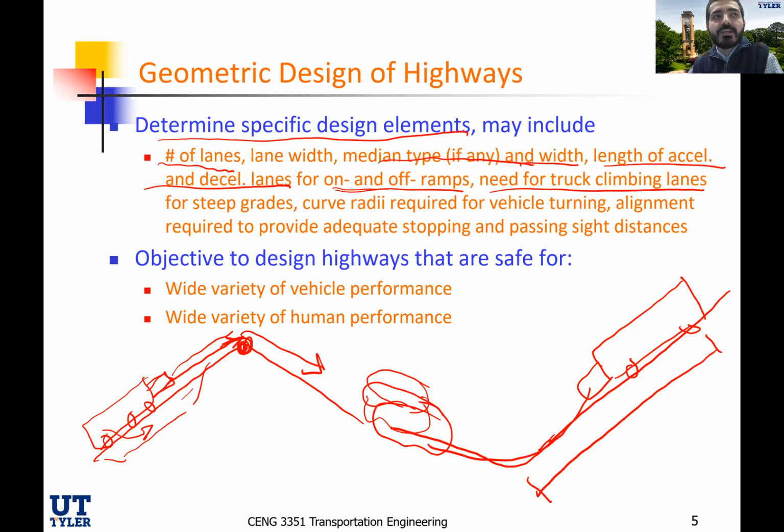I need to have features and design factors in this highway that can handle a good variety of human performances, even if that human who is driving that vehicle is not in his or her best emotional or psychological condition. I would still like to have that safe facility to handle all kinds of people.